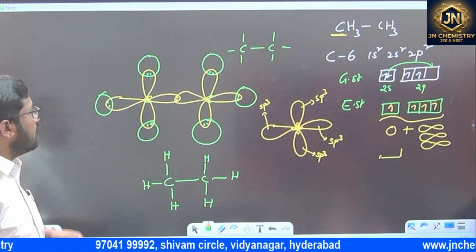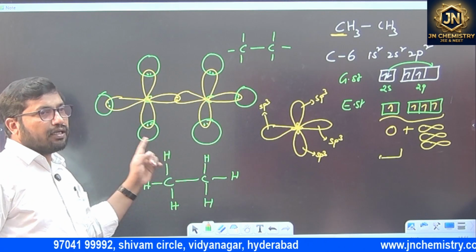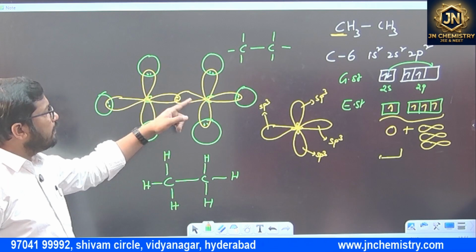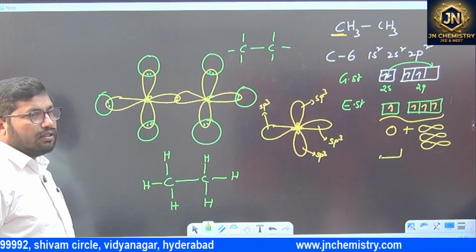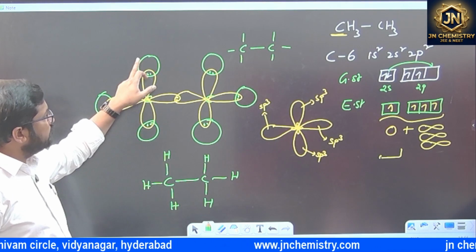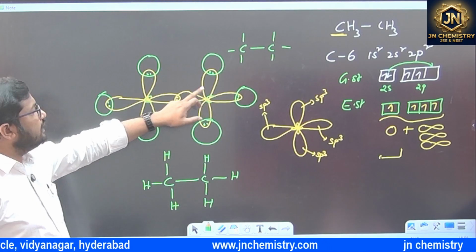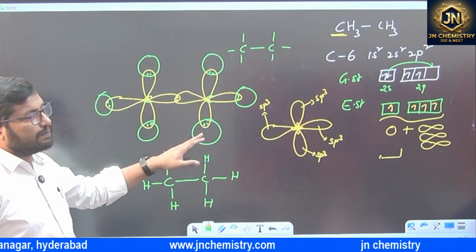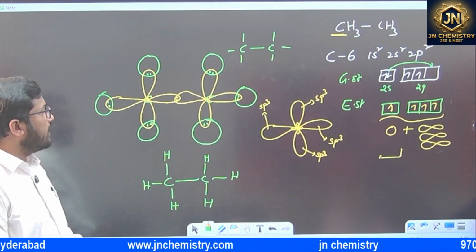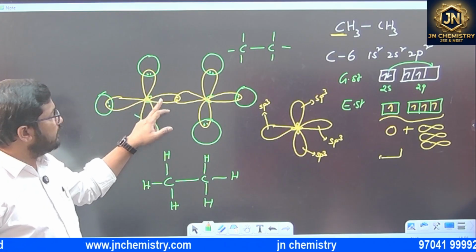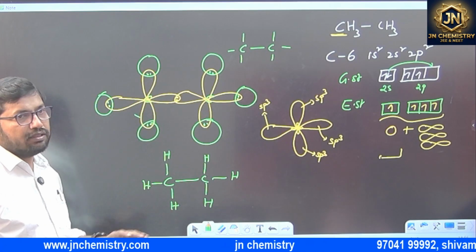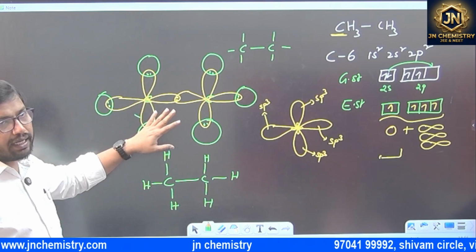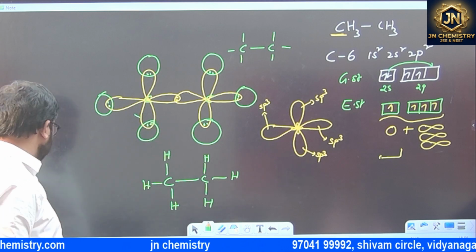Which orbitals are not participating? The hydrogen s orbitals. Carbon is participating in hybridization, right? 1, 2, 3, 4, 5, 6 pure orbitals. So these are sp3, sp3, hybrid orbitals, 1, 2, 3, 4, 5, 6, like that. This is about alkane. So now I'll discuss alkene.